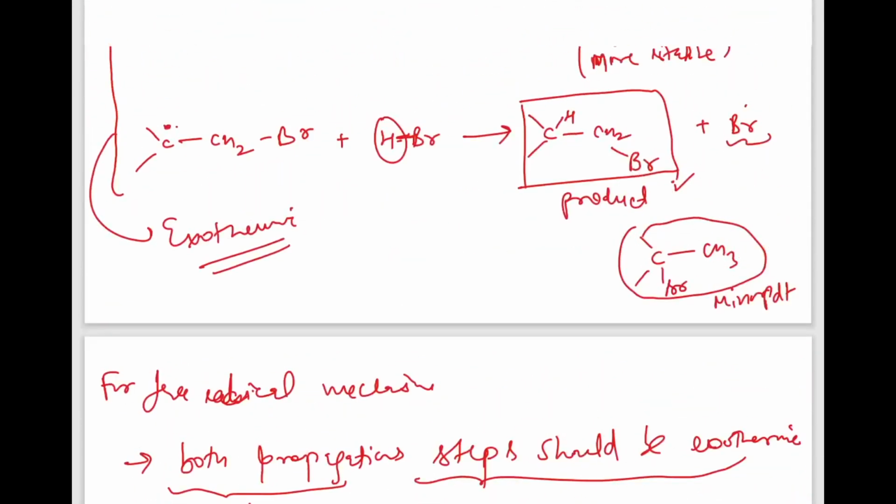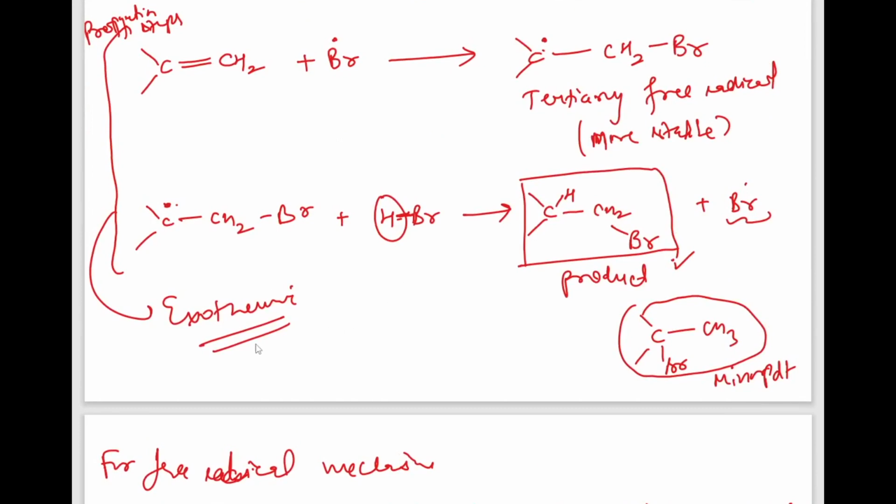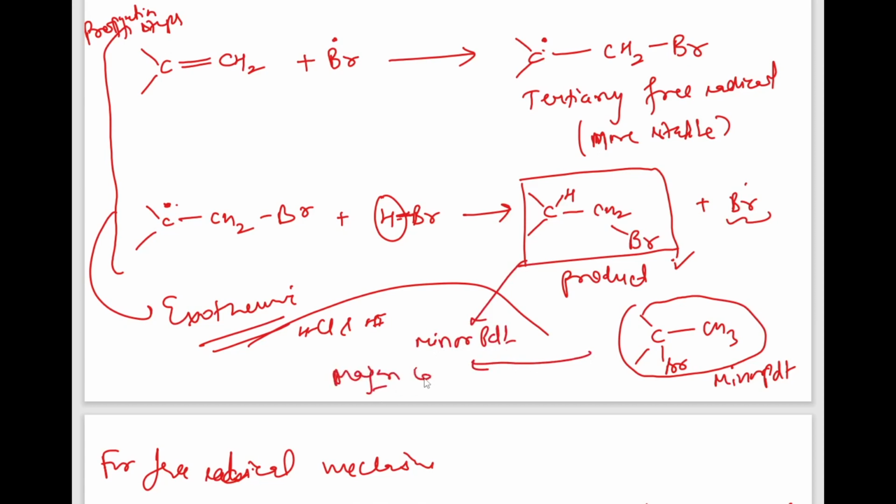In the case of HCl and HI, this will be our minor product and this will be our major product, because HCl and HI show Markovnikov addition. In the case of HBr, this is the major product and this is the minor.